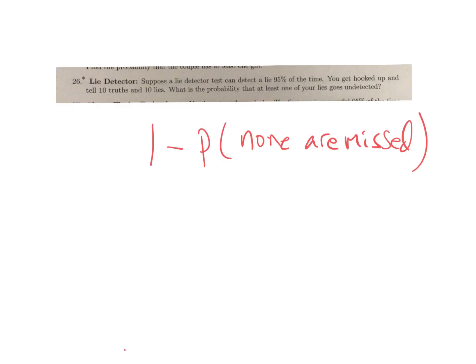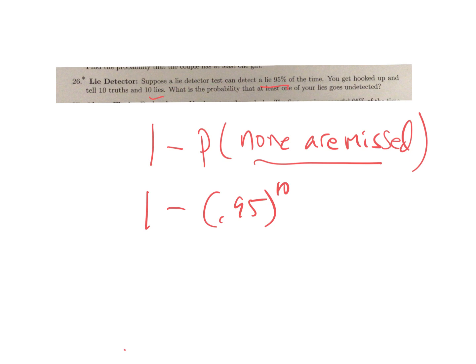Let's try another one. For this situation, we want 1 minus the probability that none of the lies are detected. They already told us that it'll catch 95% of them, and you've got 10 lies. So we're going to do 1 minus 0.95 to the 10th power.